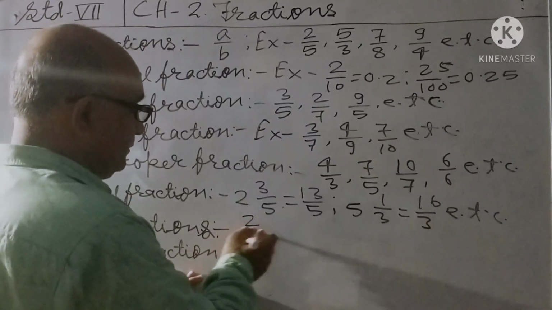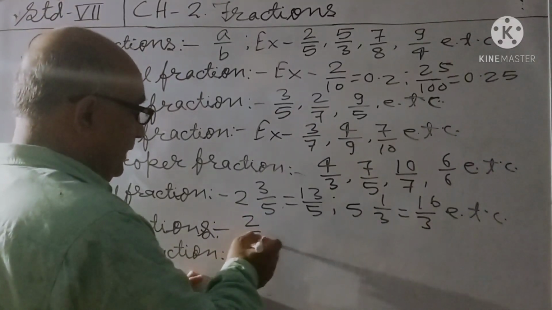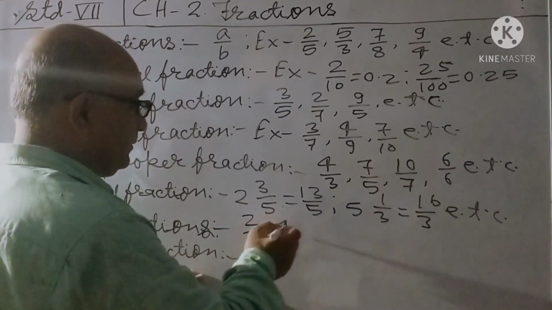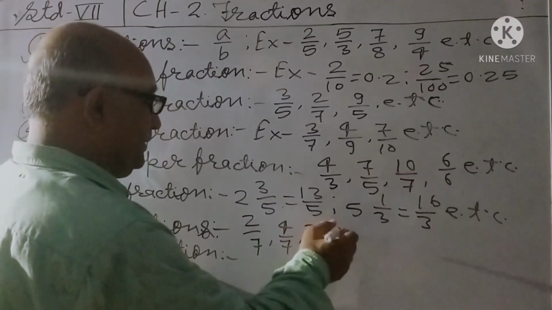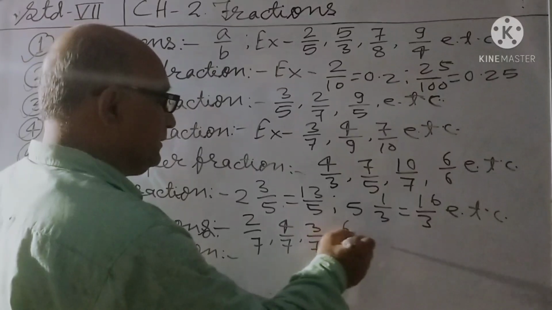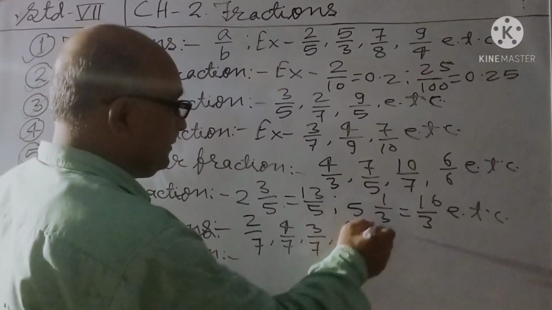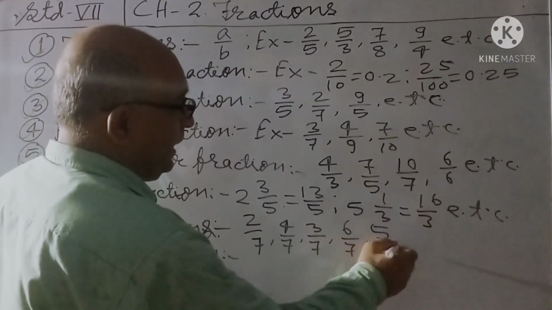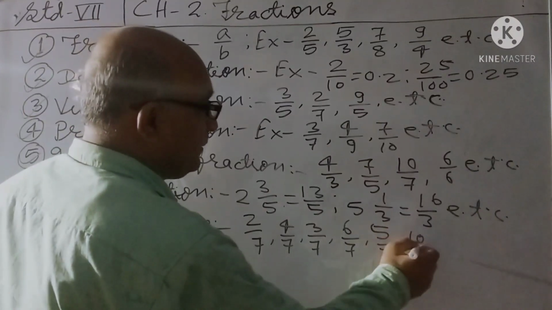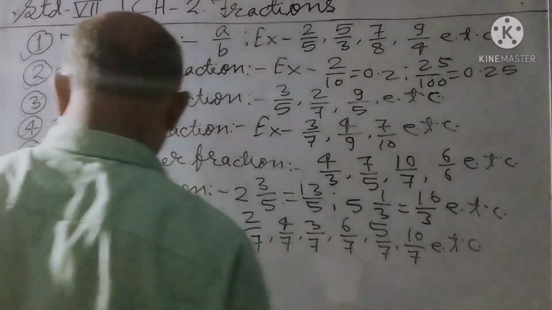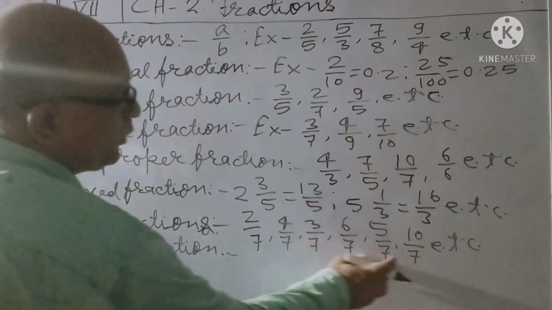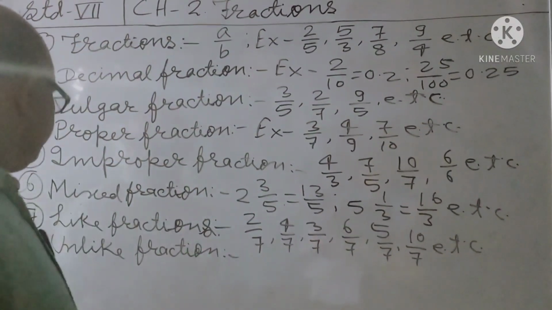Example: 2 by 7, 4 by 7, 3 by 7, 6 by 7, 5 by 7, 10 by 7, etc. All fractions have the same denominator, 7.